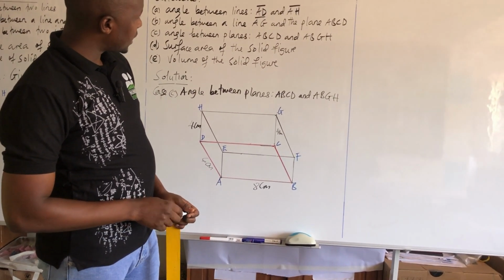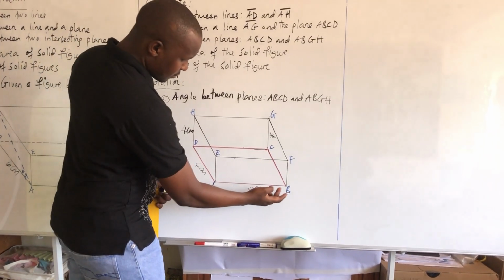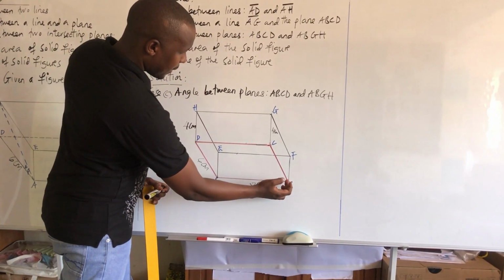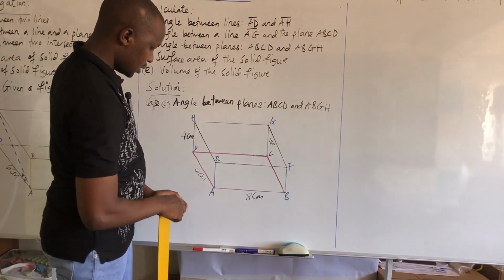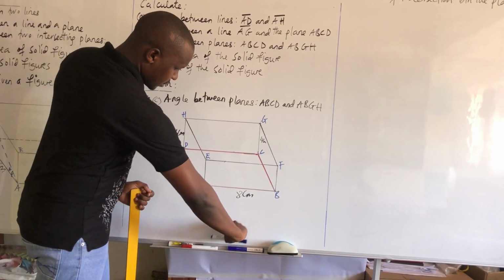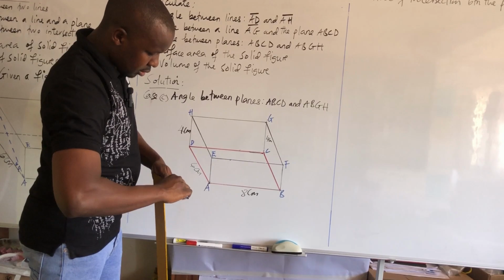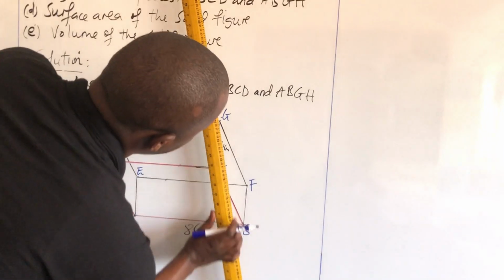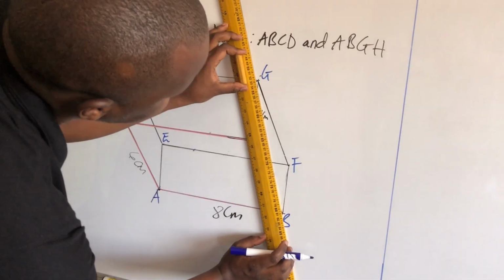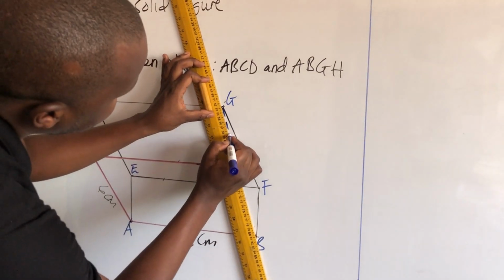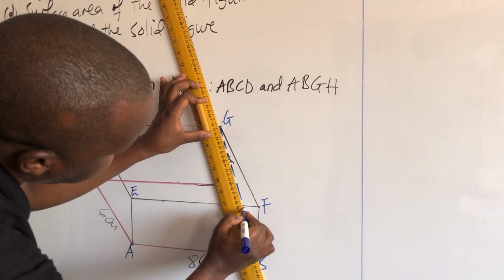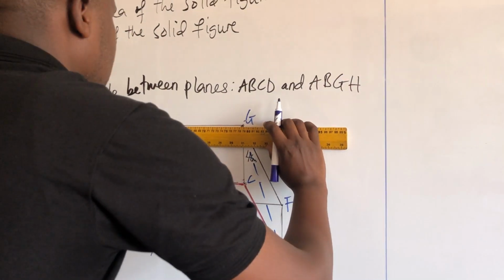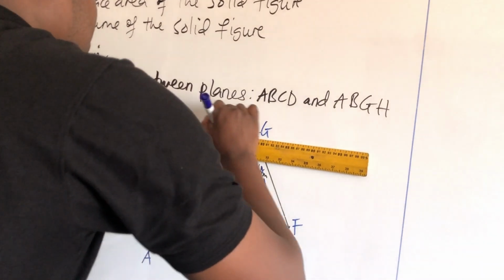Now we have the plane ABCD and the plane ABGH. We can use maybe the blue color. So we join ABG. Our BG is here, joined by dotted lines, and GH.